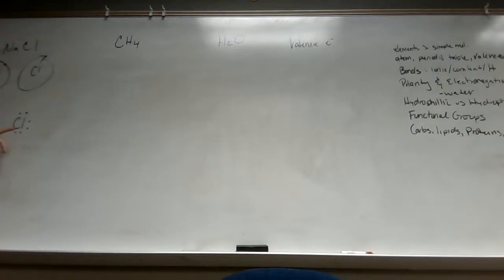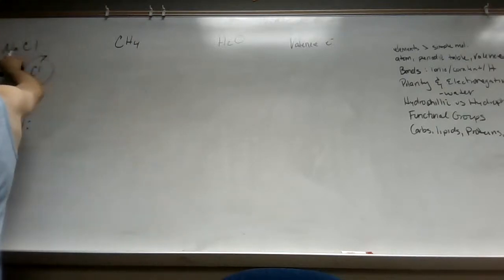What happens here is chlorine is very strongly attracted to that electron because it's really close to having a full shell. The affinity for that electron is so high that it ends up taking that electron from sodium. So chlorine is stable now with 8. How many valence electrons does sodium now have without that electron? 8, because we lose this electron, which means its outermost shell with electrons is now the next one in.